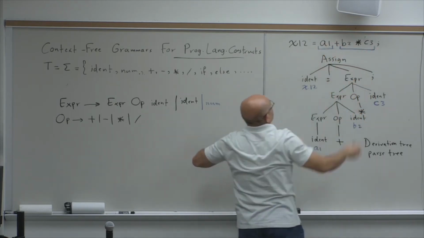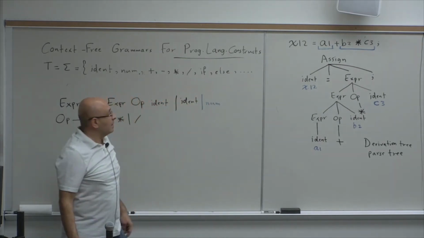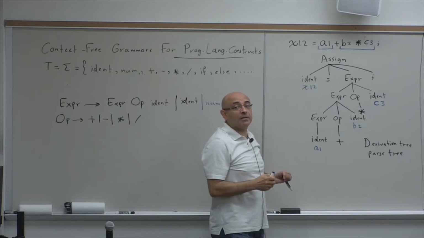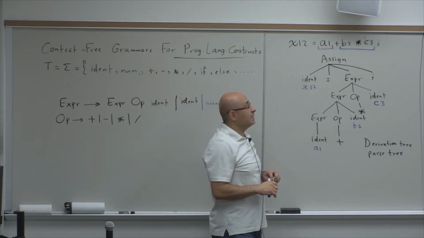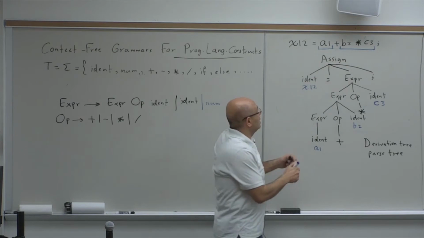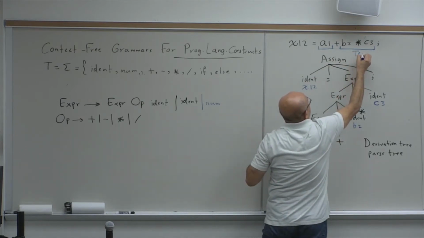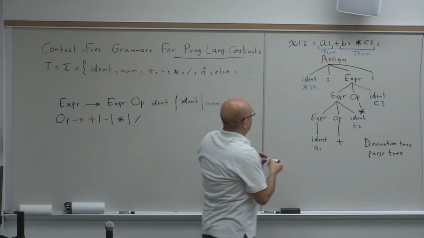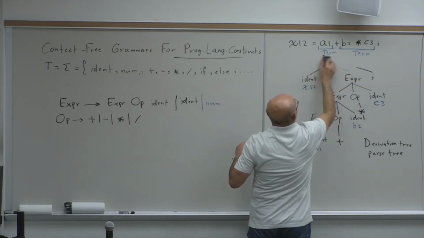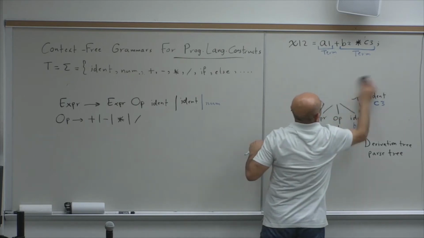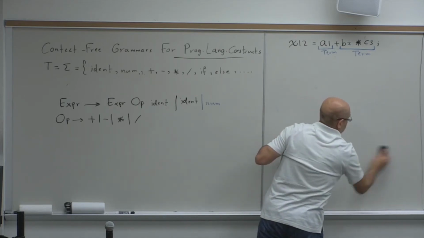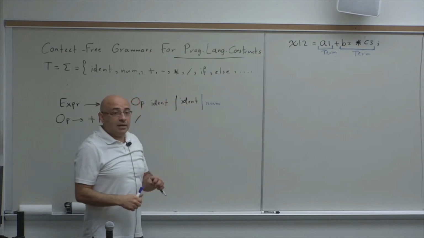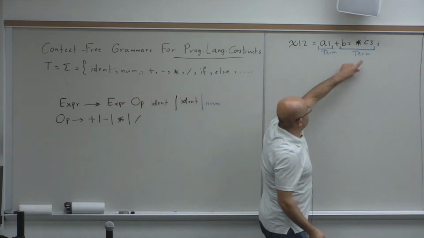What do we call them? In algebra, this expression consists of two what? Terms, yes. Each one of these is a term. So this is a term, and this is a term.